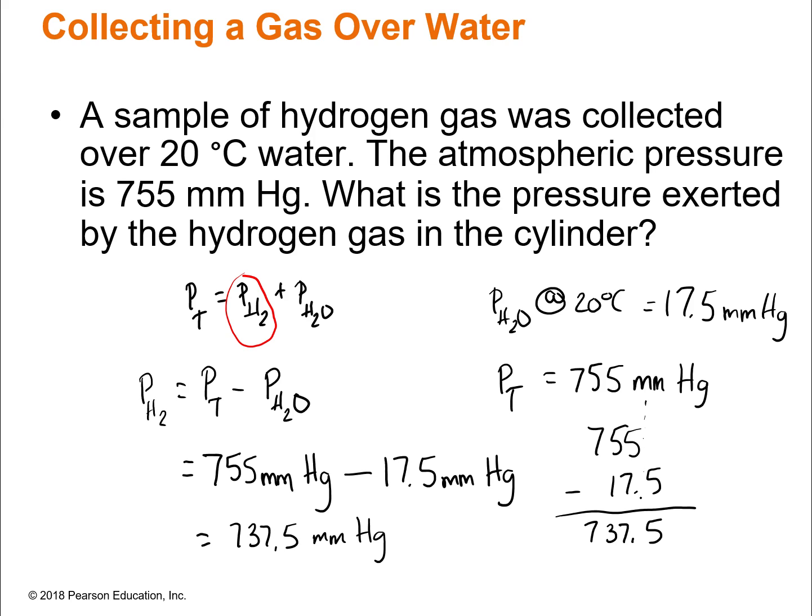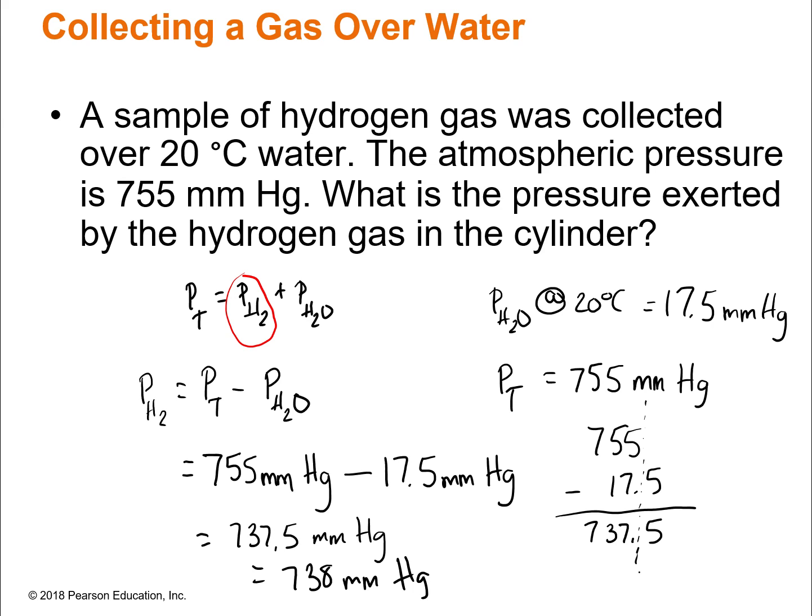With adding and subtracting, you can only have as many places as the number with the fewest places. So 755 doesn't have anything after the decimal, so we can only have 3 sig figs here. So it should be 738 millimeters of mercury with sig figs.